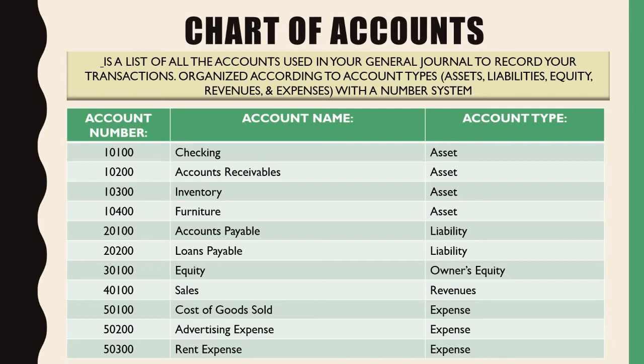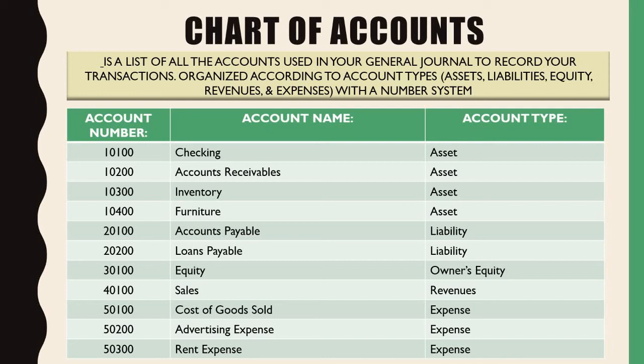So for example, in this one, we have our assets. They're going to be our 10,000s, okay? Then our liabilities are 20,000. Our equity is 30,000. Our revenues are 40,000, and so on and so forth. And it doesn't have to be a number.